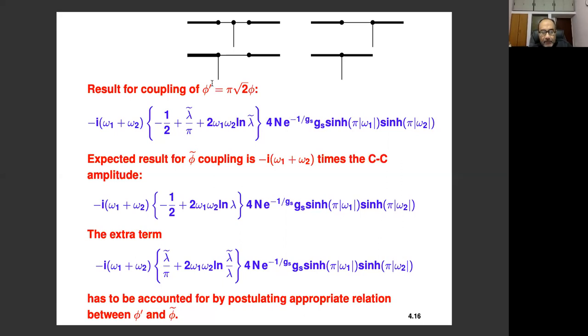And this means that this is not enough. This is fine, you have defined phi prime in terms of phi, but you cannot identify phi prime with phi tilde. We have to find some appropriate relation between phi prime and phi tilde that explains where the extra term comes from. Is this clear? Are there questions?